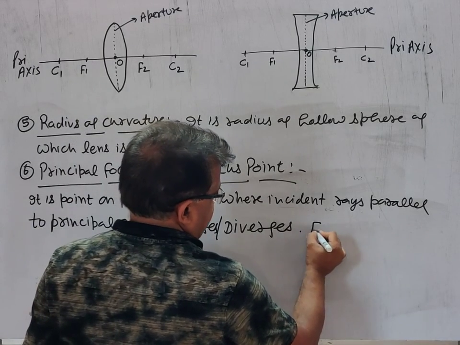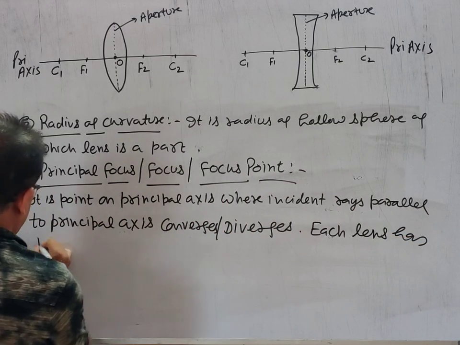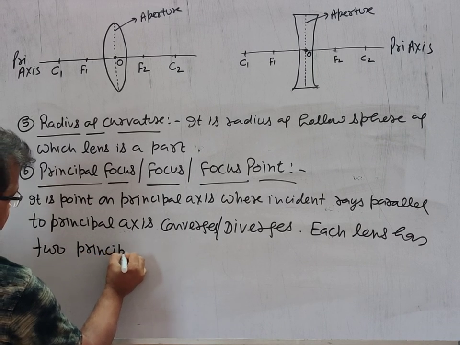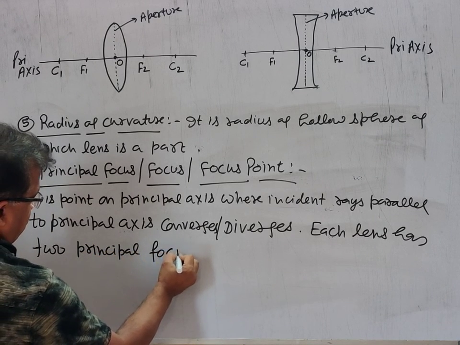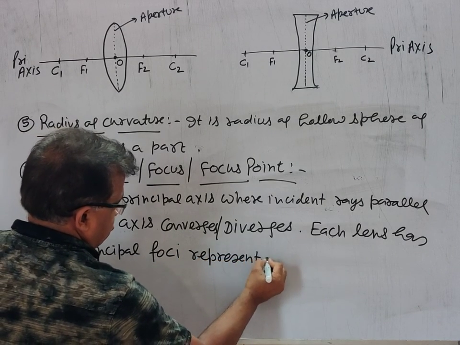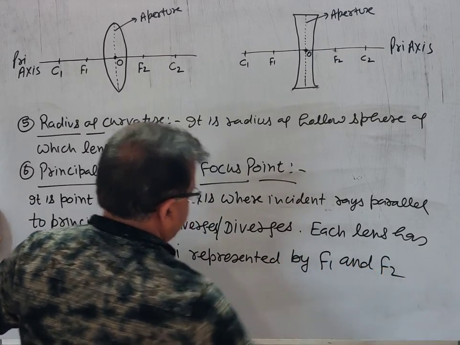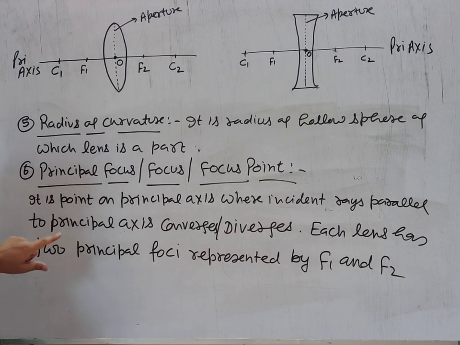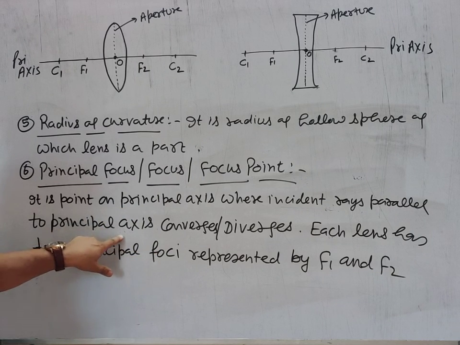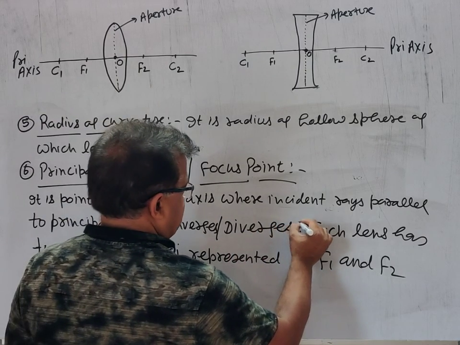So each lens has two principal foci represented by f1 and f2.